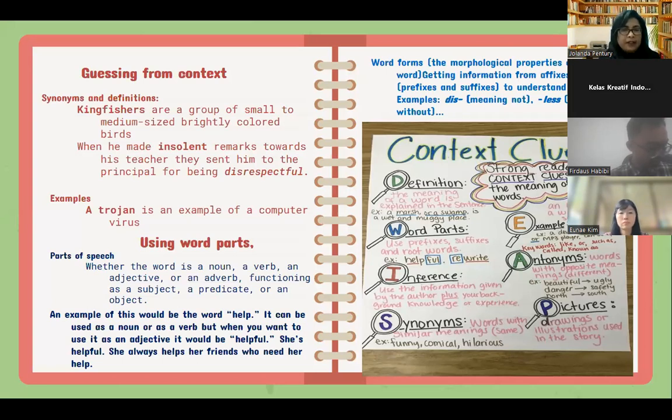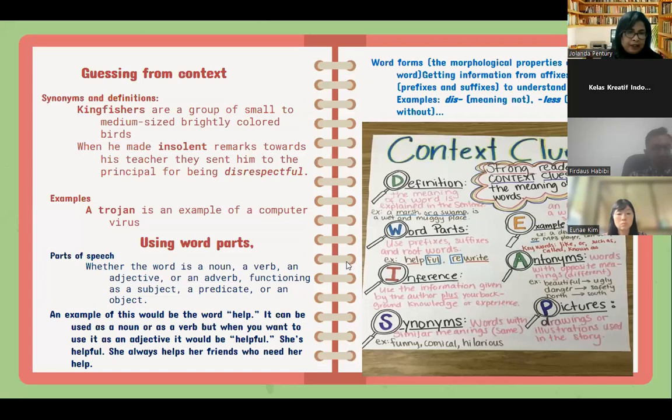And the other one is using word parts or part of speech. For example, we can use the word help. Help can be a noun and also a verb. But if we put the suffix -ful, it can be an adjective.